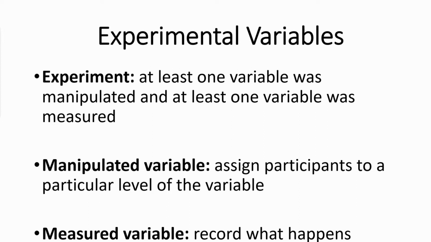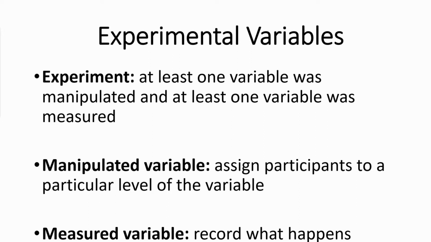From our note-taking example, our manipulated variable would be what kind of notes the students were taking. The levels, the different conditions they could be in, are computer or longhand. Did they take notes on the laptop or on pen and paper?